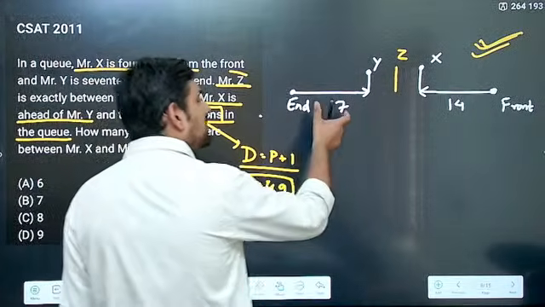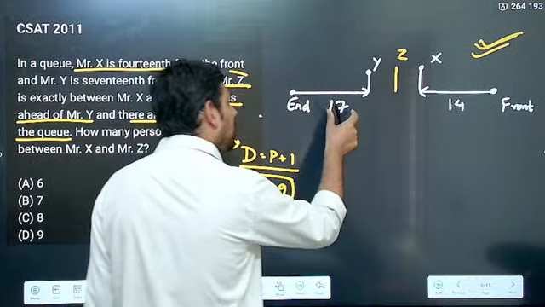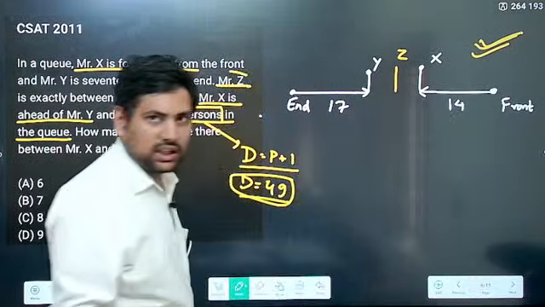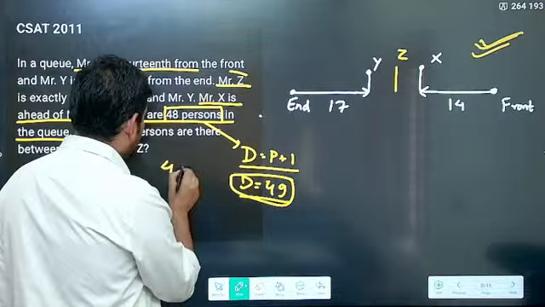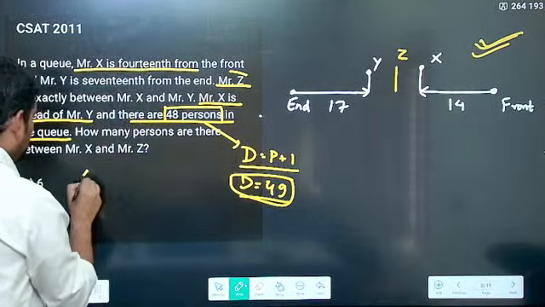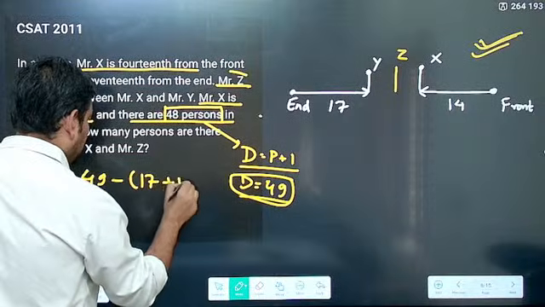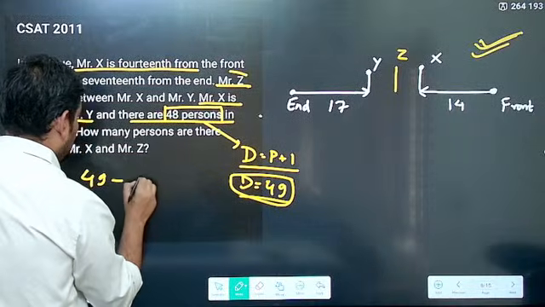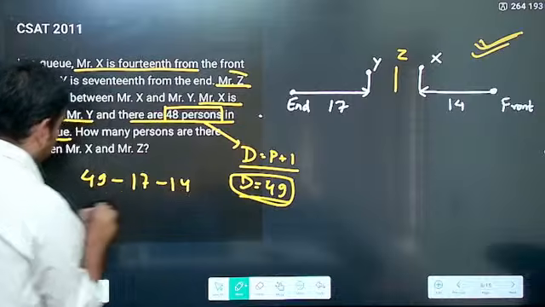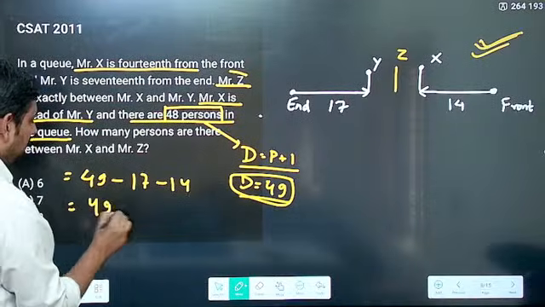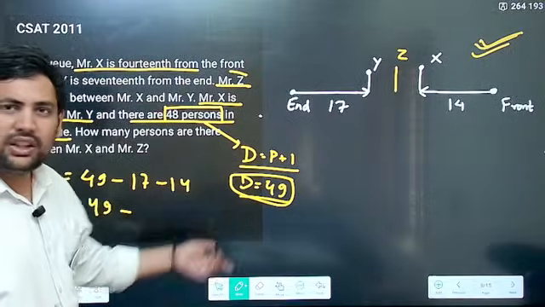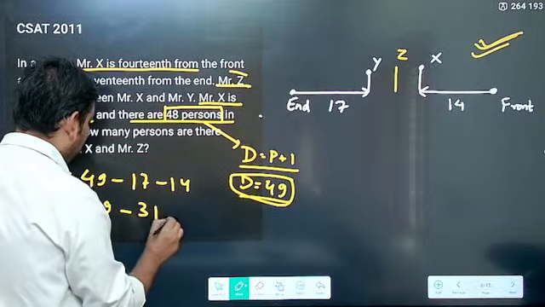Now, I have to subtract whatever length is already counted. 17 and 14 are already counted, so I have to subtract these two. So 49 minus 17 minus 14 is equal to minus 31.